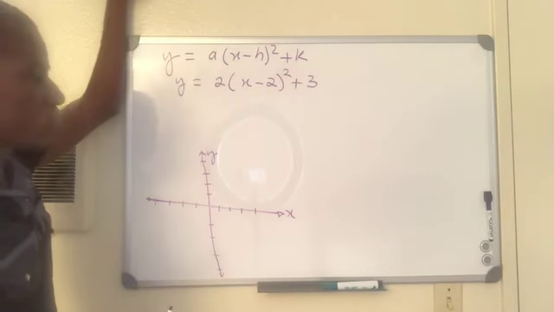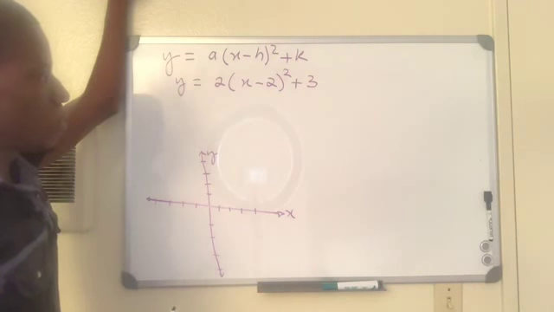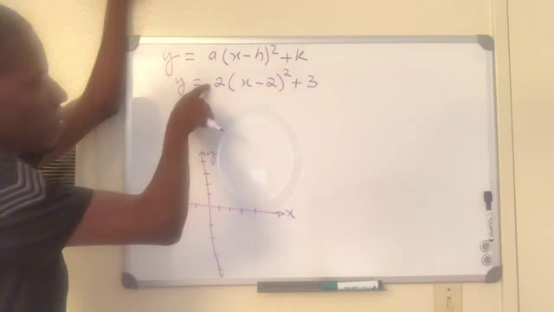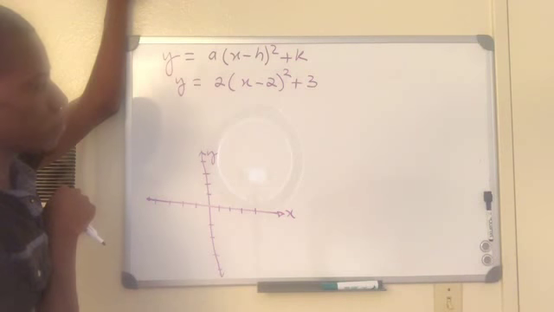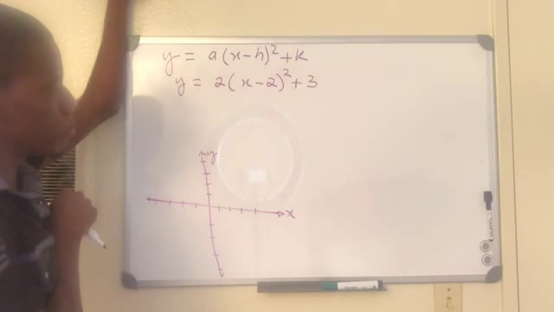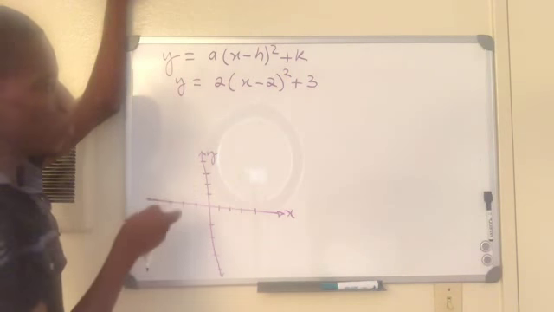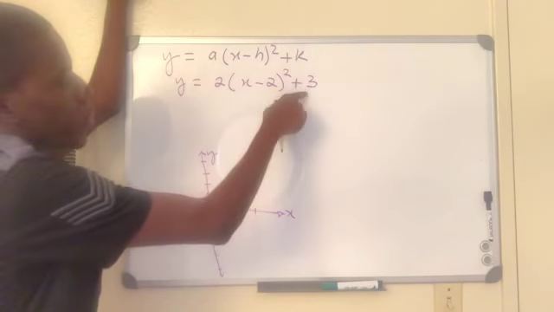This is a trinomial. If we have to graph this function, the first thing we look for is the sign in here. So the sign is positive. We know that it's going to open up. And we know the vertex is 2 and 3.